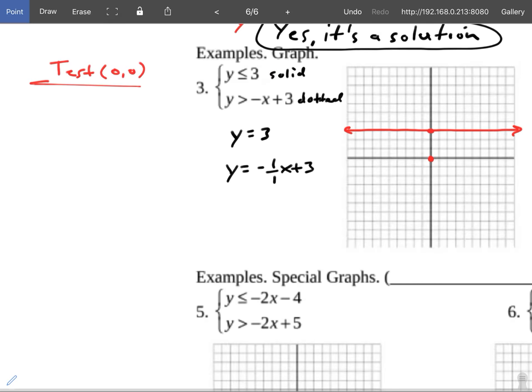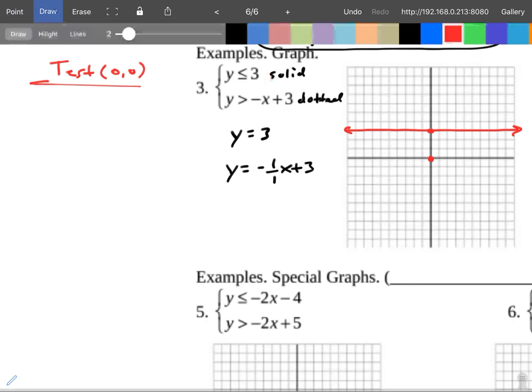There's no place to plug an x into that one, right? So we're just going to put 0 in for y, and then that's got to be less than or equal to 3. Well, that's true. So since that's true, and we pick the point 0, 0, then we're going to shade that side of the line where 0, 0 is. So we're going to shade this one like this.